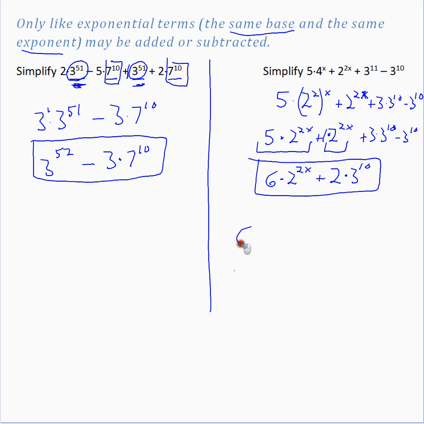So we have a 6 to the 2x is really just, we could write 4 to the x, might be an easier way of writing that, and then plus 2 times 3 to the 10th. So up here I changed our 4 to the x to a 2 to the 2x, but we could also go with it this way and have this 6 times 4 to the x power. So either one of those answers will work.